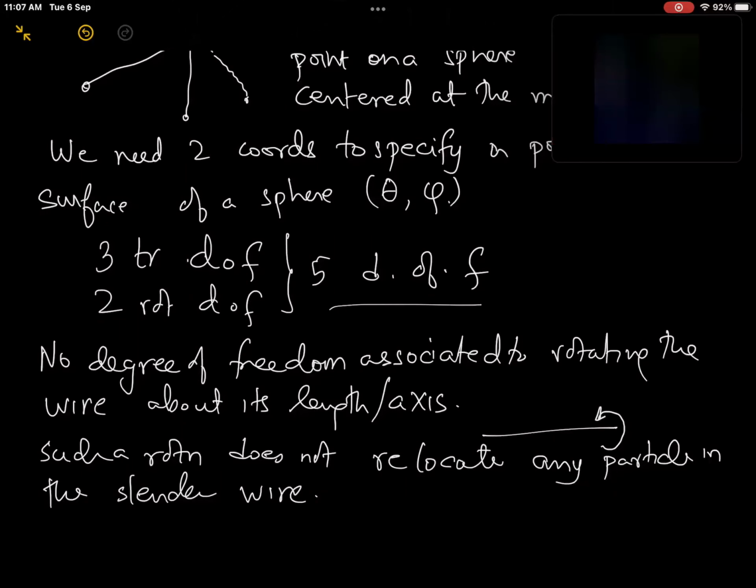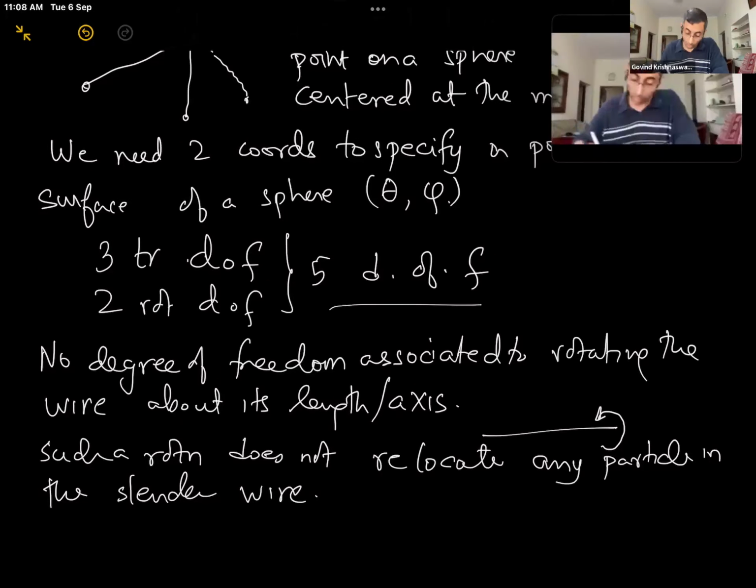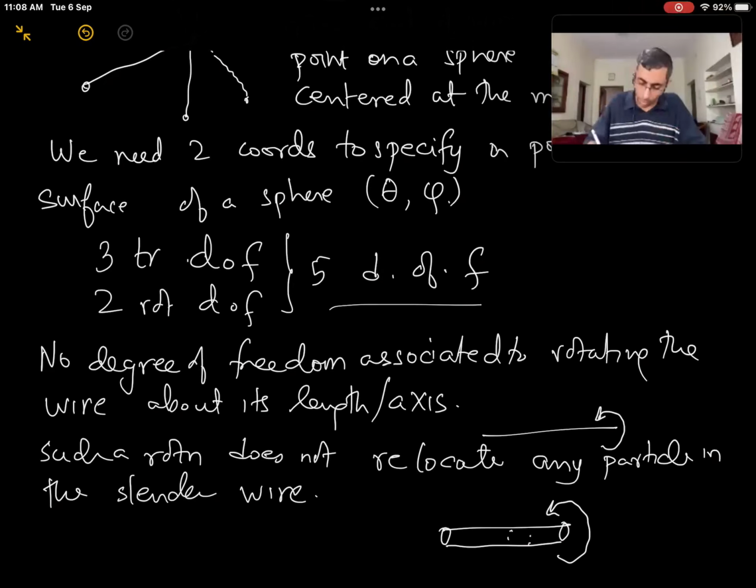Sir, zero thickness, is that required? No, if thickness was not zero, but it was a pipe of non-zero thickness, then you have an extra degree of freedom beyond the 5 we have talked about, corresponding to spinning the pipe about its axis. Because when you do that, a point here will move there, a point here will move there, and so on.